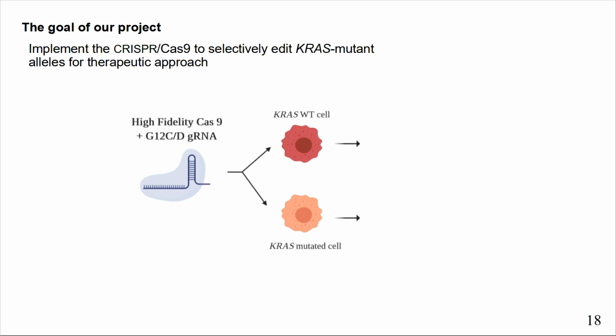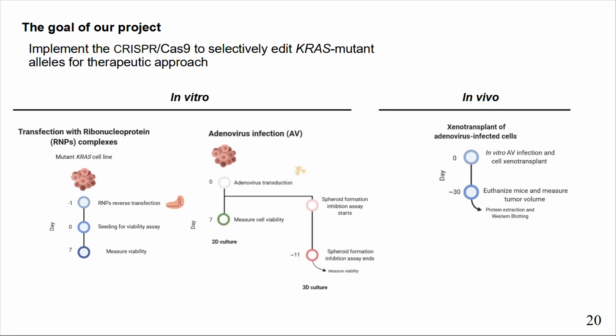We expect that when we introduce our CRISPR tools into KRAS wild-type cells, we should see no effect on cell proliferation, but when we introduce our CRISPR tool into KRAS mutated cells, we should see editing of KRAS and eventually cell death and tumor regression. For this, we have developed two different approaches.